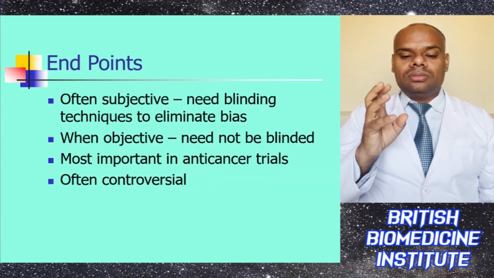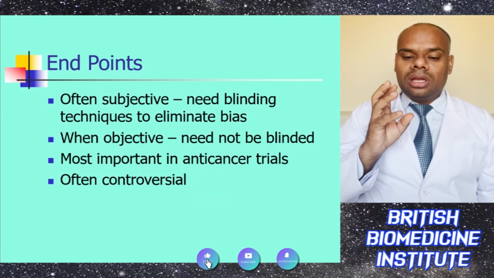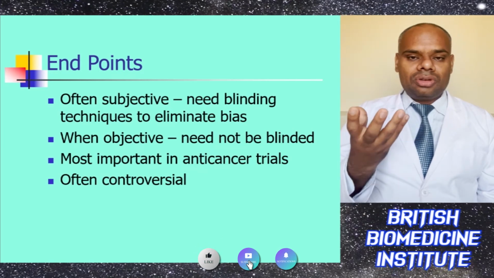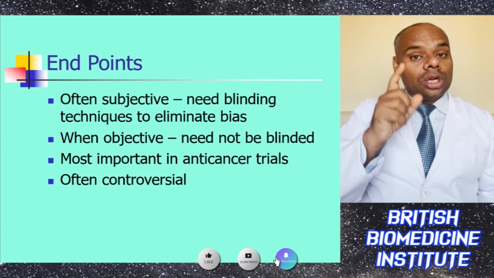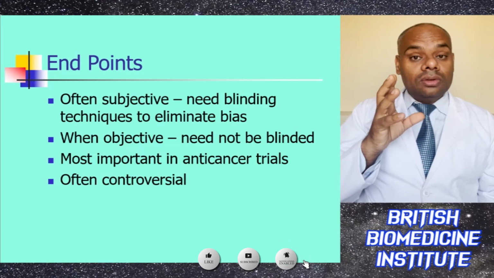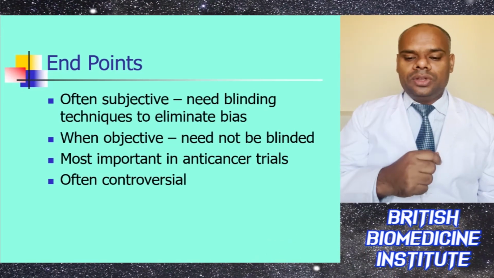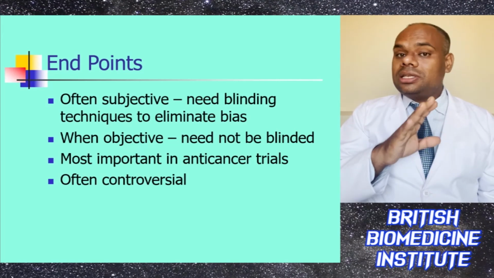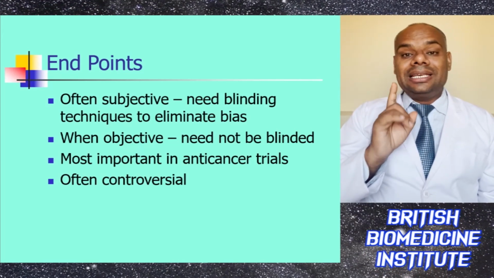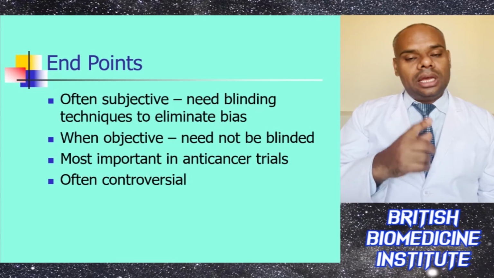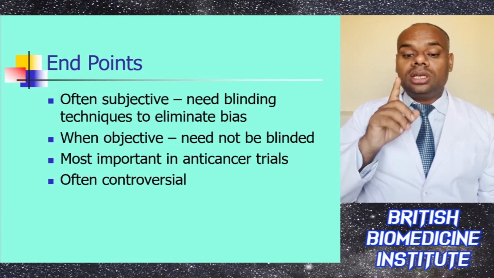And often endpoints are subjective, because they need blinding techniques in order to eliminate bias. They can also be objective, because they need to be blinded. And endpoints are basically used in anti-cancer clinical trials, and they are mostly controversial.